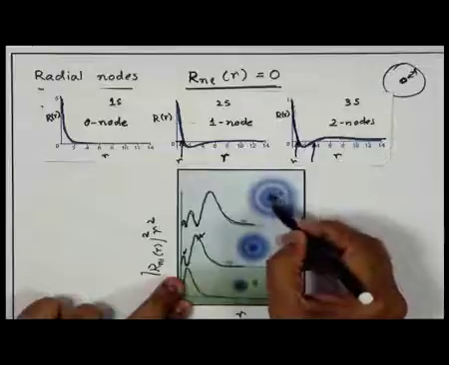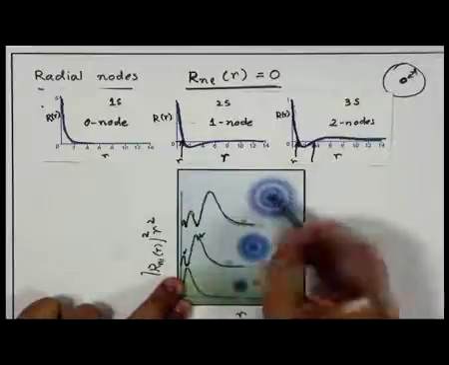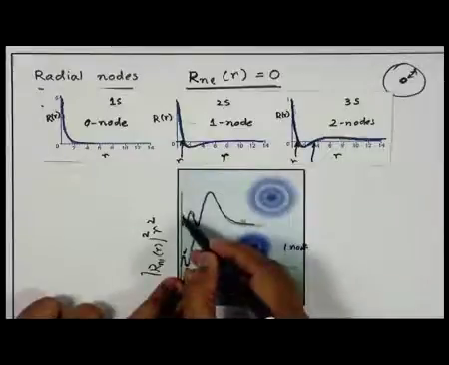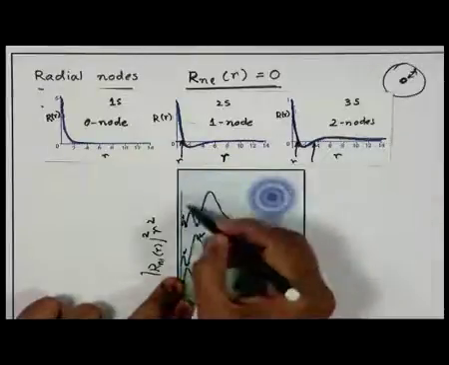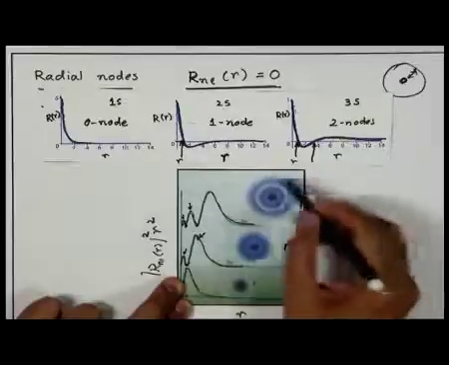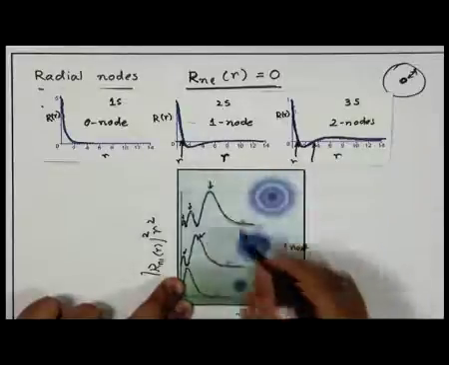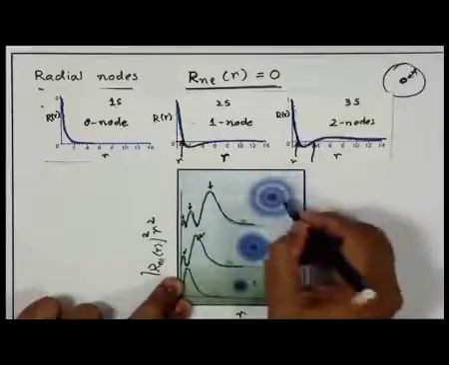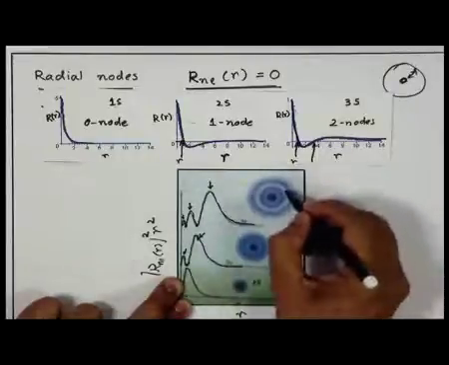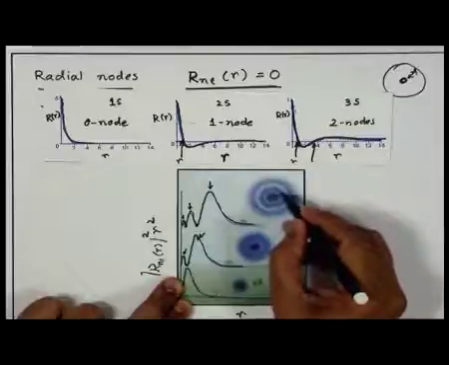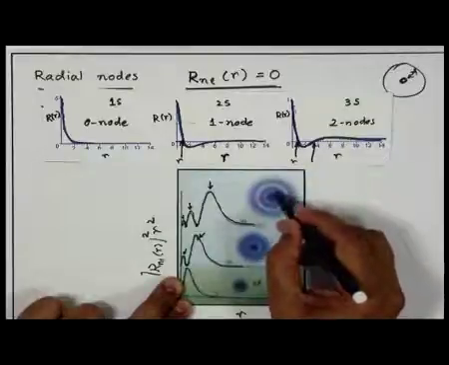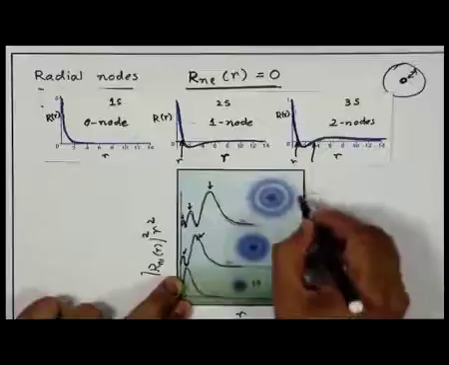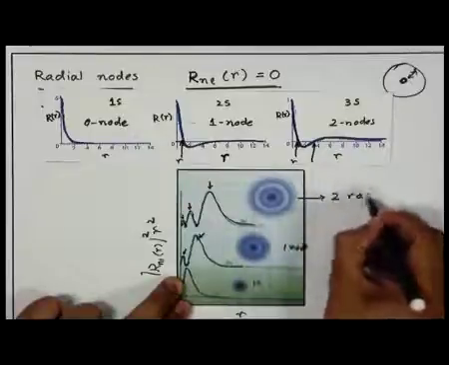So, the inside component, the internal component sphere is due to this, the next sphere is due to this, and the last sphere is due to this. So, there are 3 concentric spheres, each separated by a region of space where the electron is not found. So, in this case you can see there are 2 regions of space where there are radial nodes, and therefore, there are 2 radial nodes.